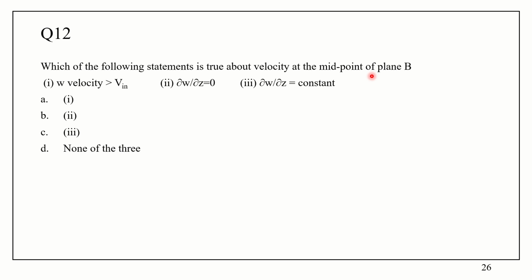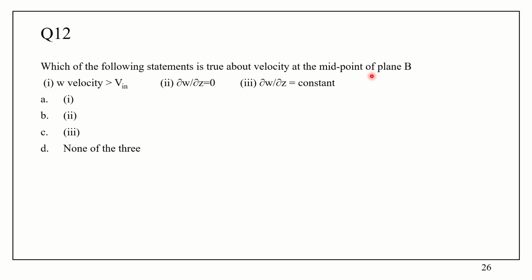One thing we can say is that, as I mentioned, fluid will be flowing from the high pressure to the low pressure region. So similarly, velocity will be increasing. So W velocity is greater than V inlet will be the right one.